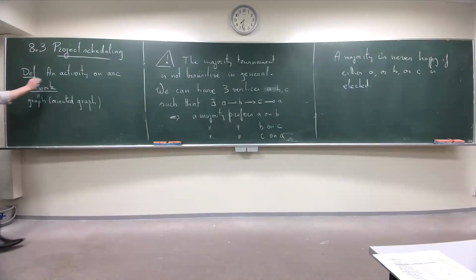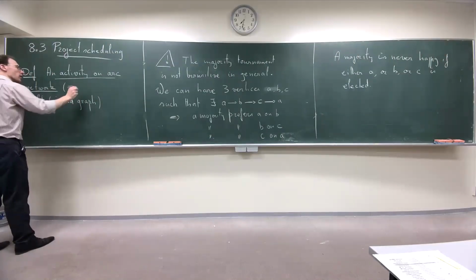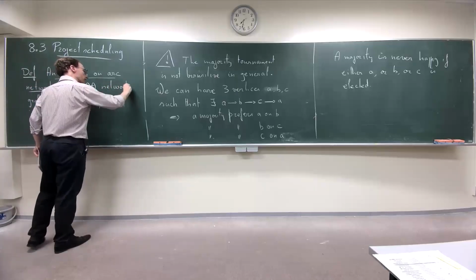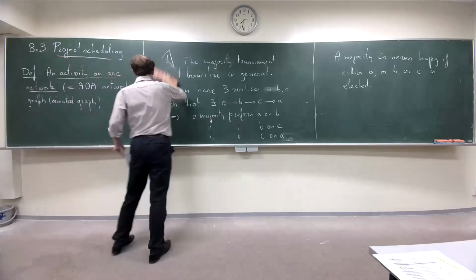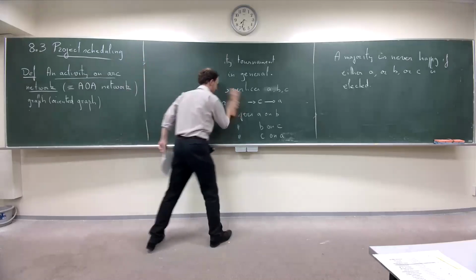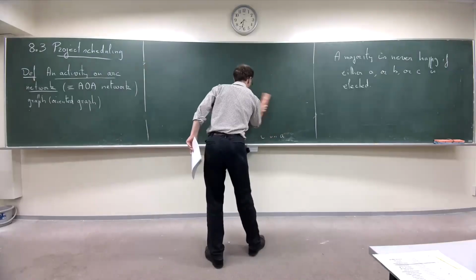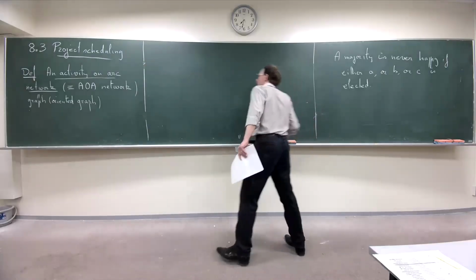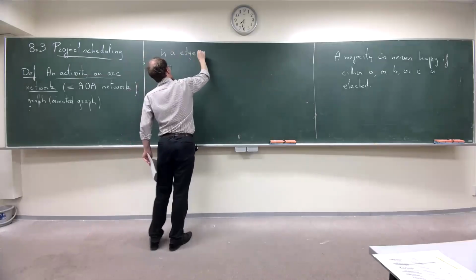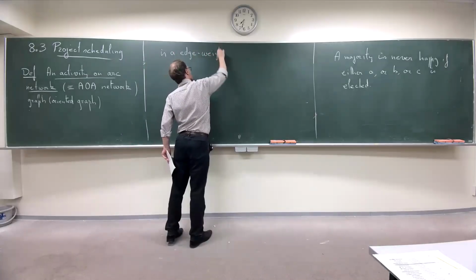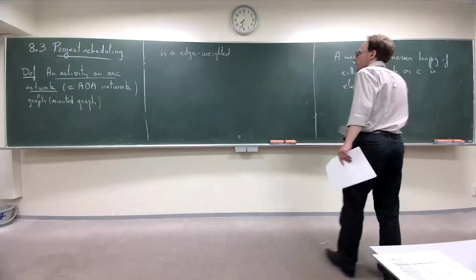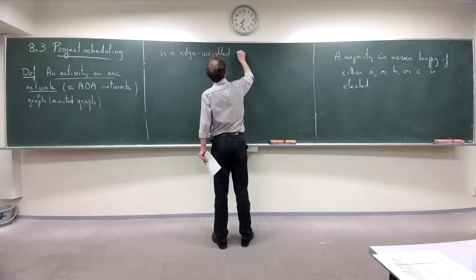So an activity on arc network, which is also abbreviated AOA network. What is it? It's a weighted directed graph, let's say edge-weighted, which means I put a weight on edges. We know we can do it on edges or on vertices, but here we do it on edges.